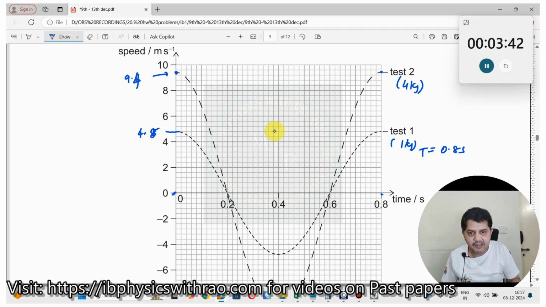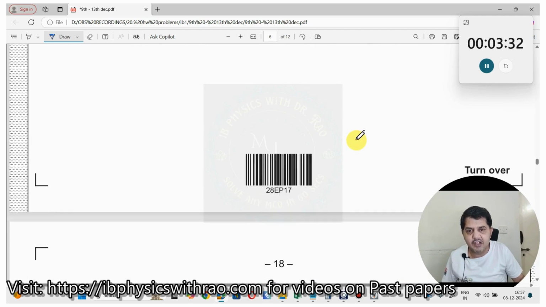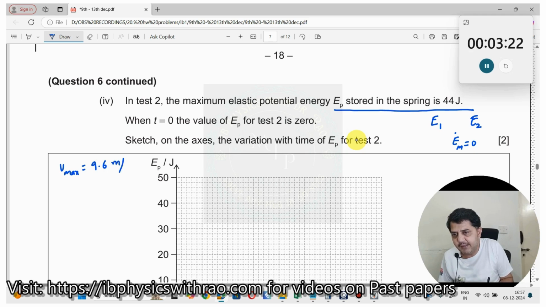And what is the frequency? Frequency is 1.3 hertz. And let us look at this here. The velocity becomes 0 at 0.2 and 0.6. Let us write down all this which is given to us, right? So we have Vmax is equal to 9.6. I do not know whether it will be useful or not.